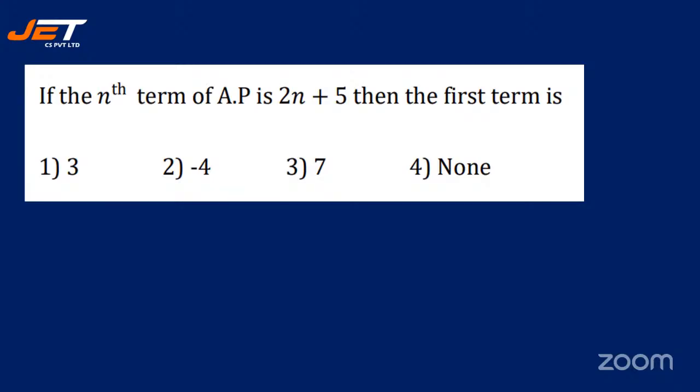Yes, simple. You just have to put A plus n minus 1 into D is equal to 2n plus 5. Let's try this. A plus n minus 1 into d is 2n plus 5. Okay. So what is the first term?